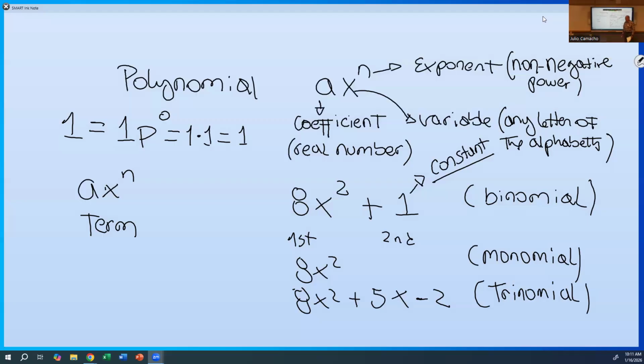So you can say that a constant is also a polynomial expression. We don't write it in this way, but it's a polynomial expression.